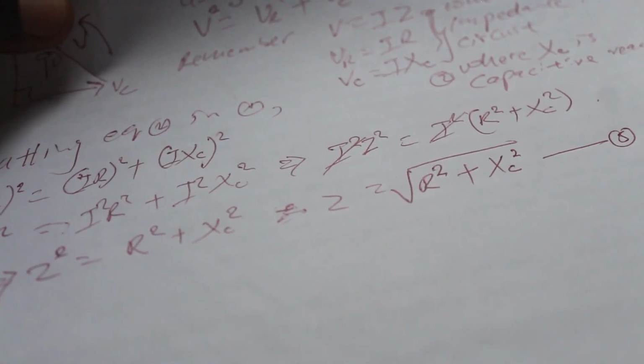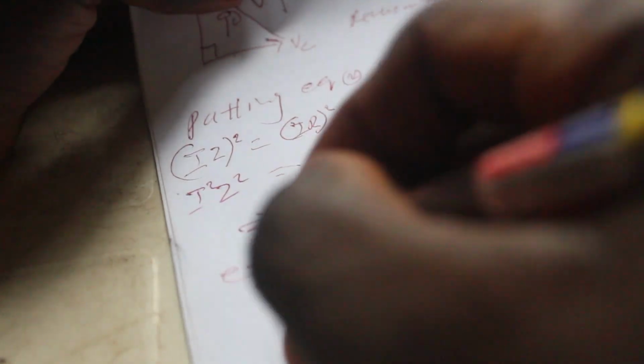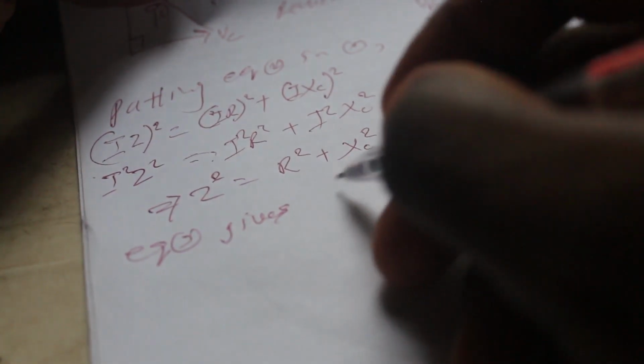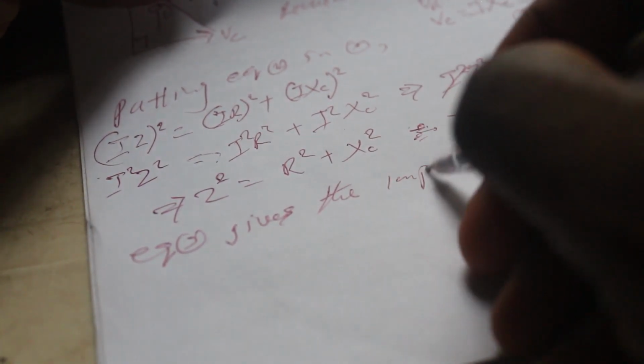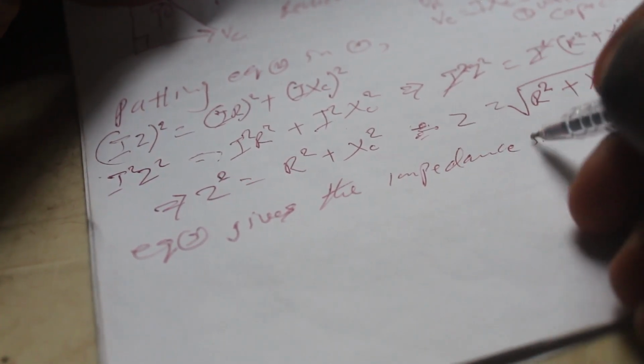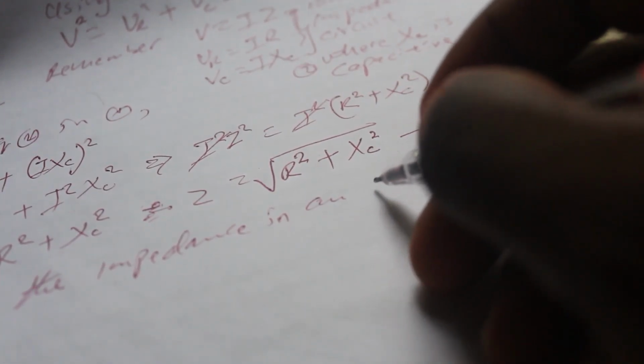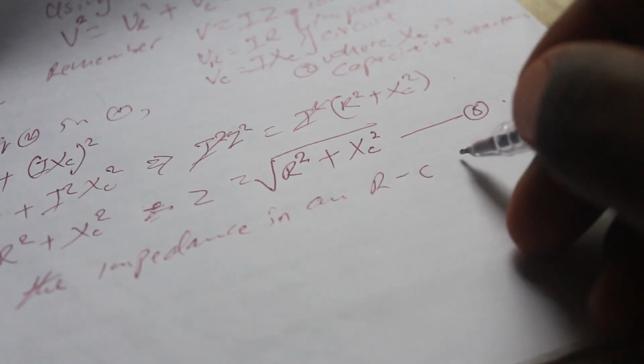We call this equation 3. Now equation 3 gives the impedance in an RC series circuit.